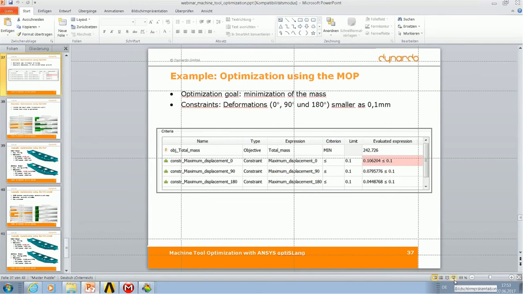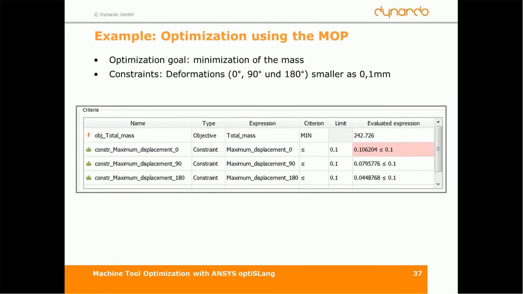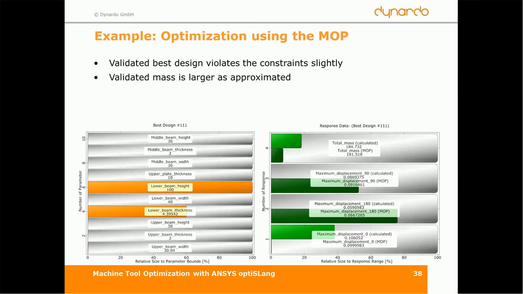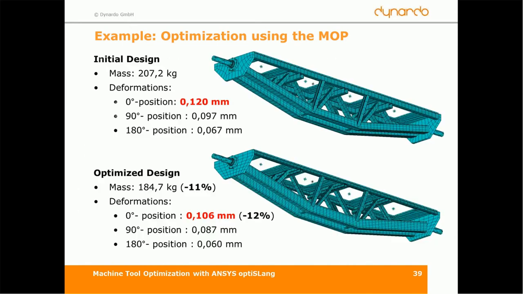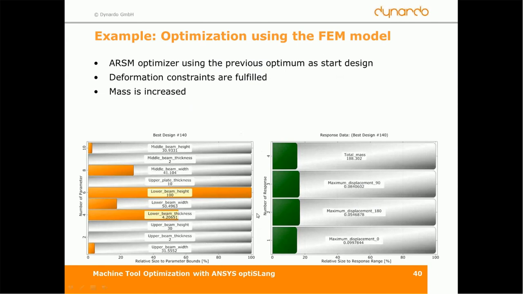So this was the overall procedure. On the Metamodel, we get an approximation. We have to validate, but still we had some violation of the constraints. We had a reduction of the mass by 11% and of the deformation by 12% using the direct optimization, which was then time consuming again because we had to evaluate at least 140 designs.